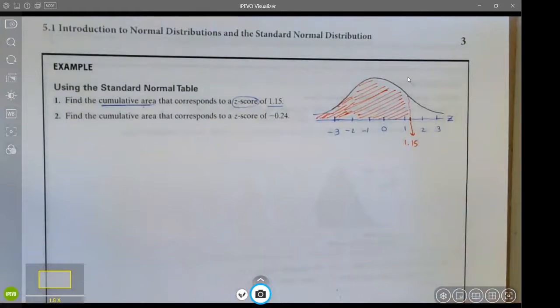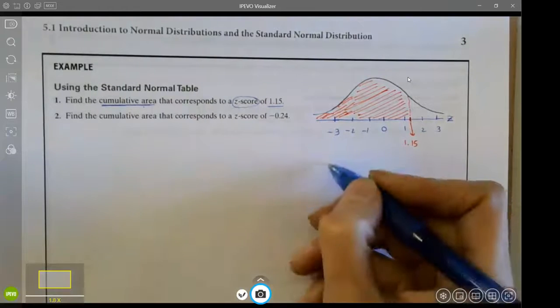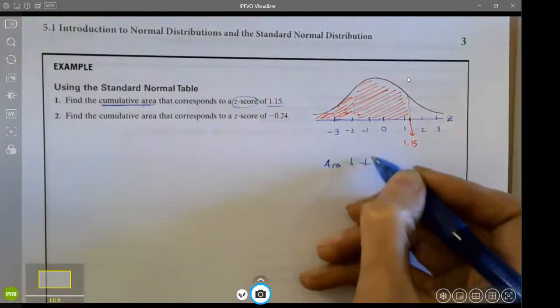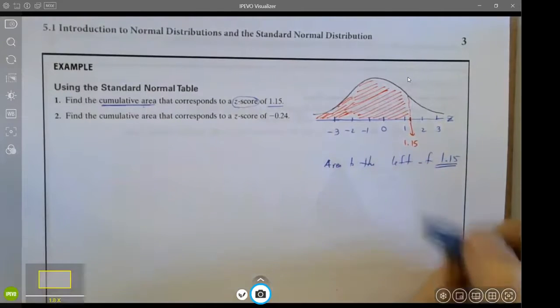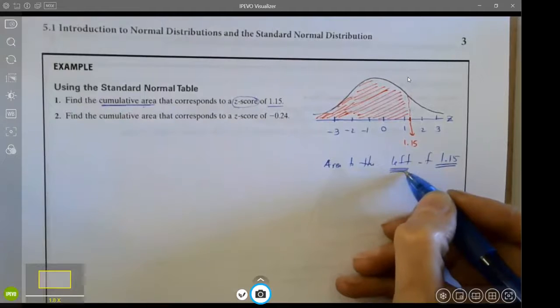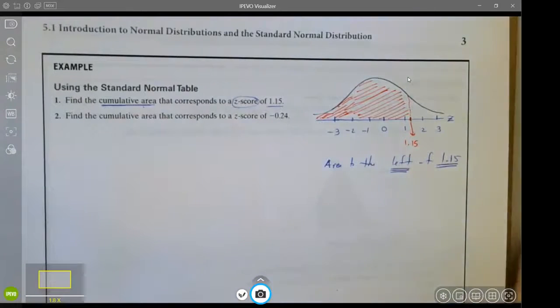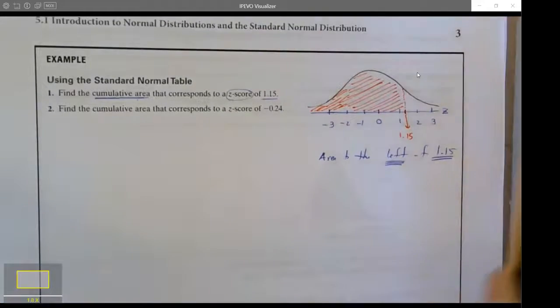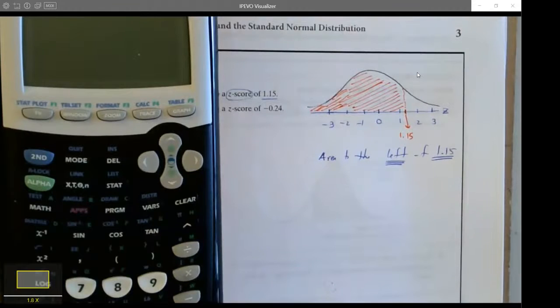To find this area, we're going to use our calculator. The area to the left of 1.15. To the left is important because if it says to the right, we have to enter different values in our calculator. So to use the calculator to find the area to the left, turn on your calculator.